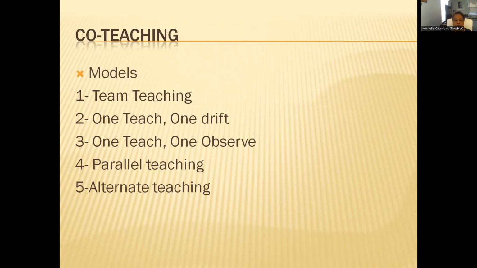So alternate teaching indicates that you're doing your strategic teaching in that type of model. Page 43 in the handout will have information on the co-teaching models and everything that I just said, if you want it in a written format where you can really read it and understand it deeply, whereas I'm giving a more broad definition.